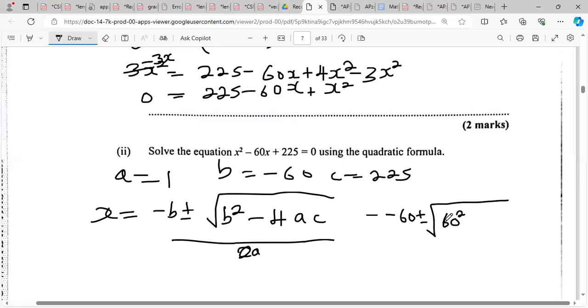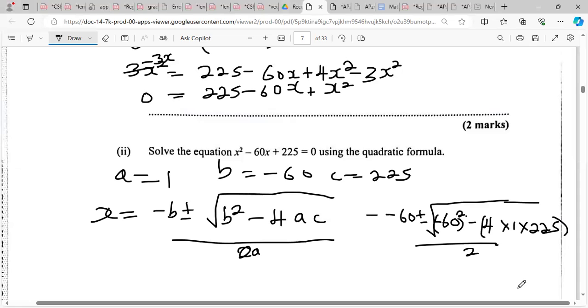Negative 60 squared minus 4 times a, and a was 1, times c, which is 225. I'll put this in brackets, all over 2a. So 2 times 1, that's 2.